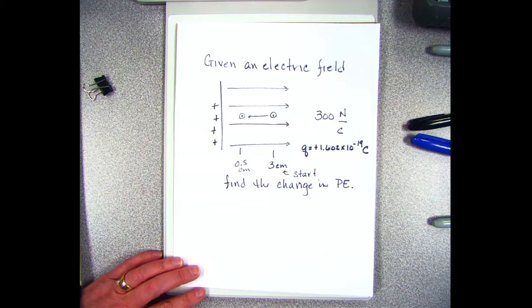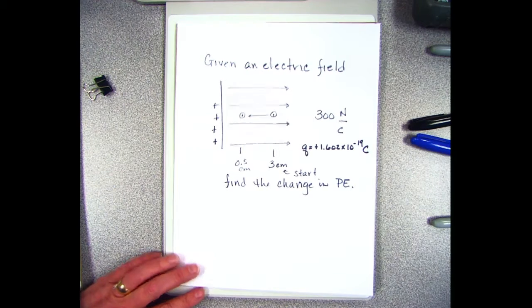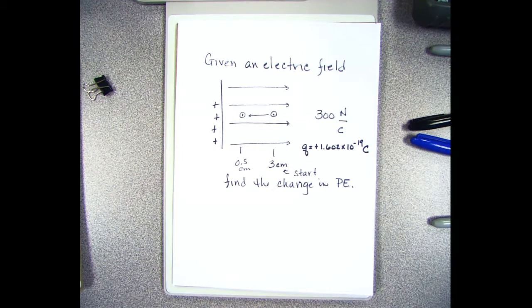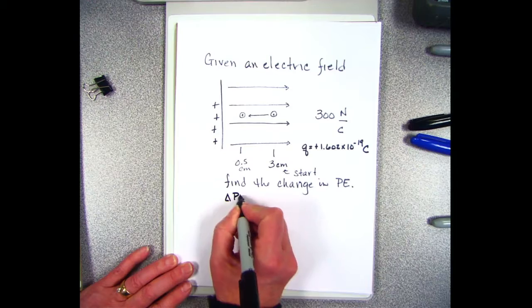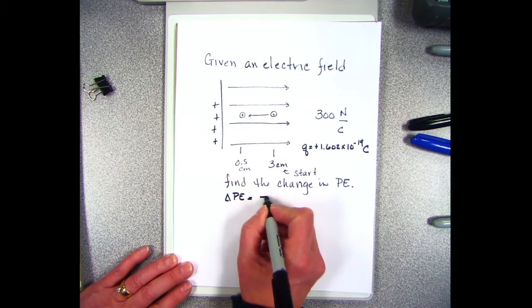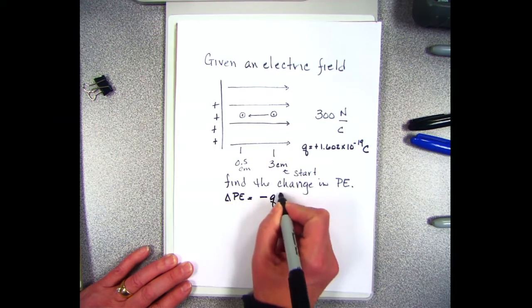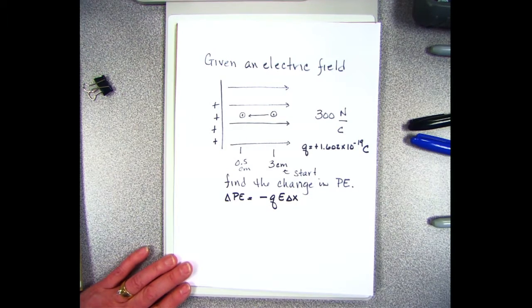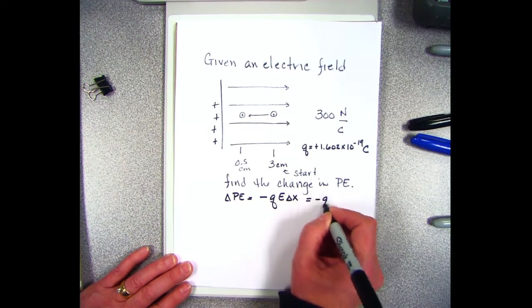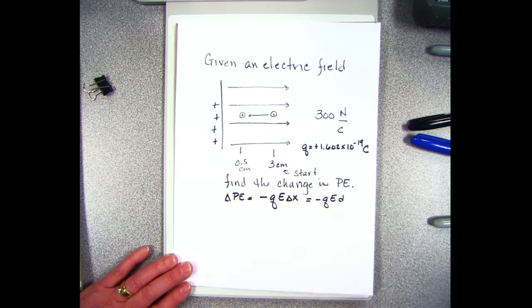So based on what we've been doing, my change in potential energy is going to equal negative of the charge times the electric field times my change in distance. So if I did this another way, this is minus QEΔx, where I get my change in distance. My change in X is going to be my X final minus my X initial.